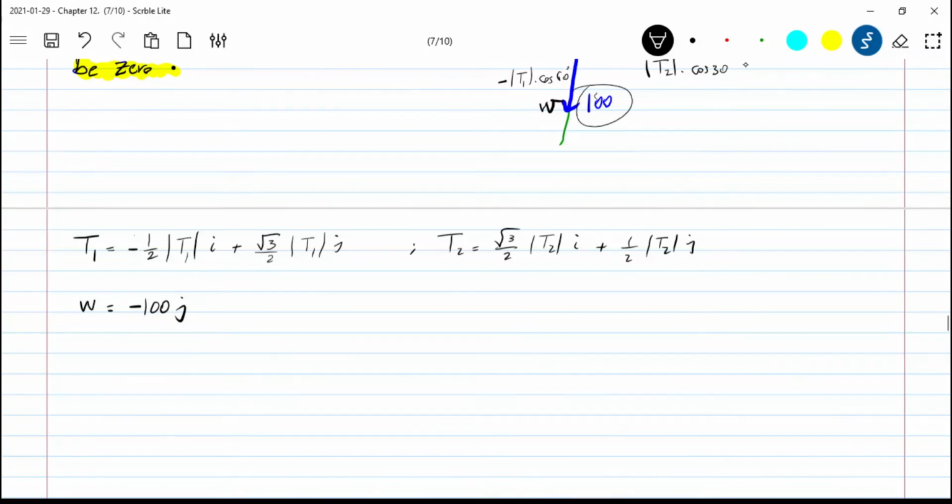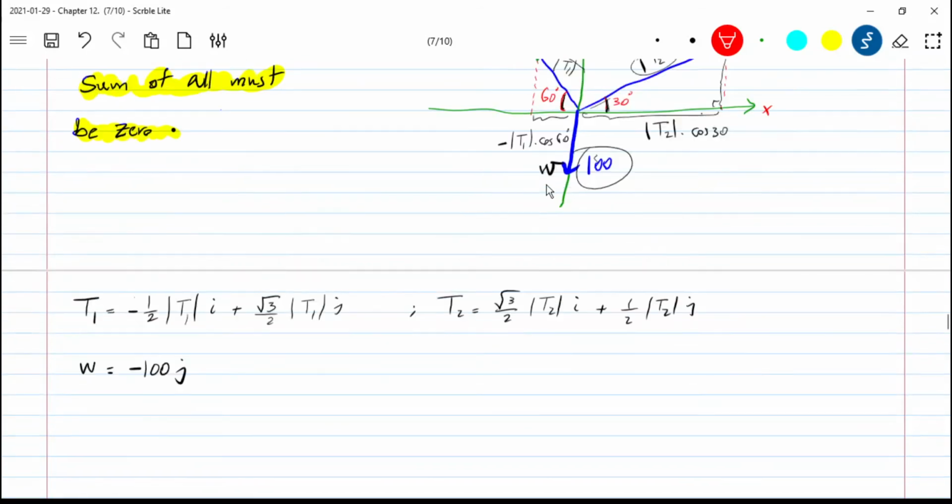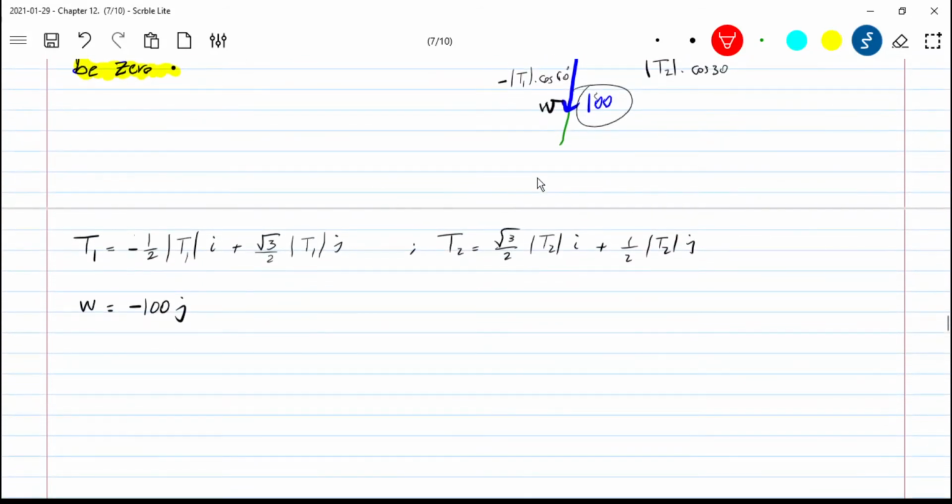And so what we know is the sum of all these three must be 0. That's what we expect from the wires to hold this weight. So the sum of all these three must be 0.